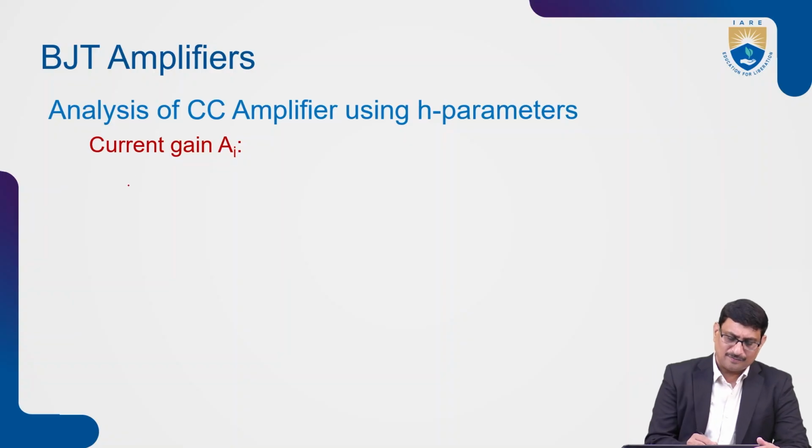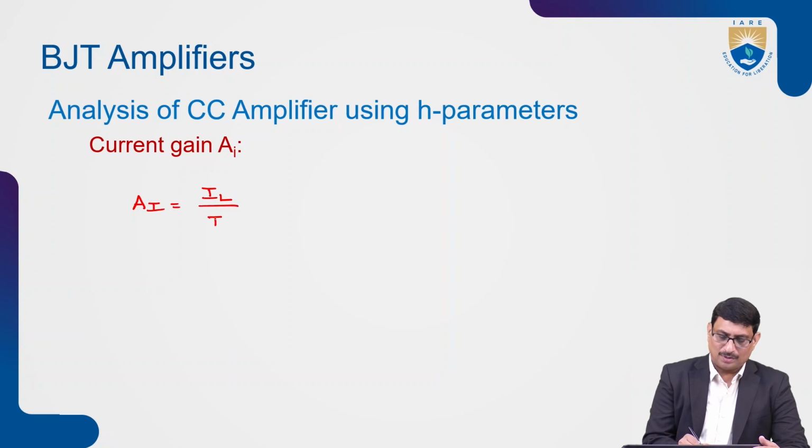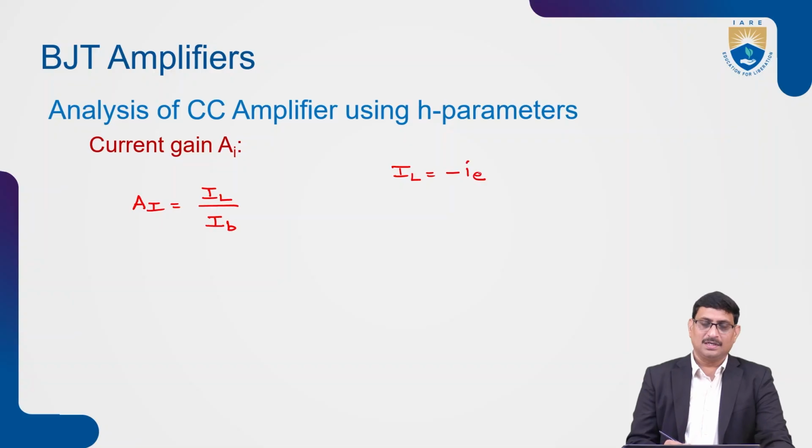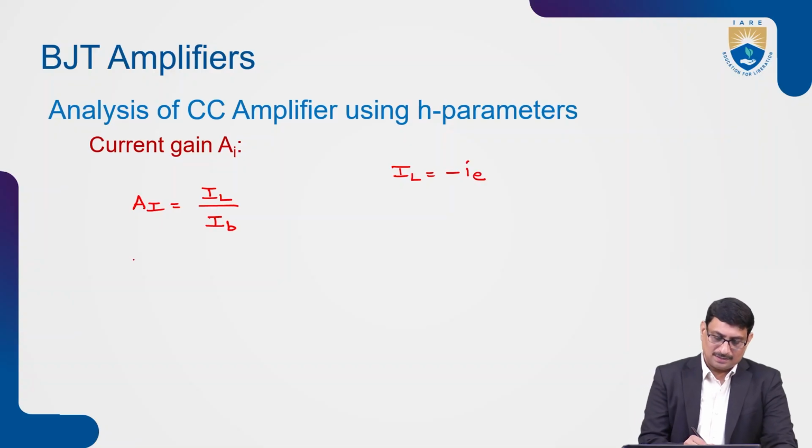Current gain is defined as the ratio of output current to input current. Let us assume the output current, the load current, is IL and the input current is IB. Whereas IL is equal to minus IE. Therefore, the current gain AI equals minus IE divided by IB.